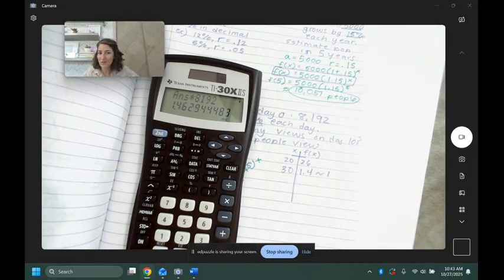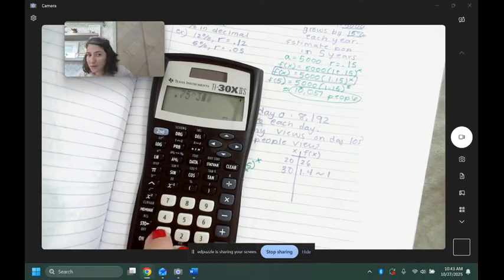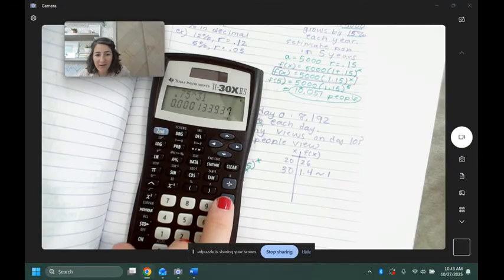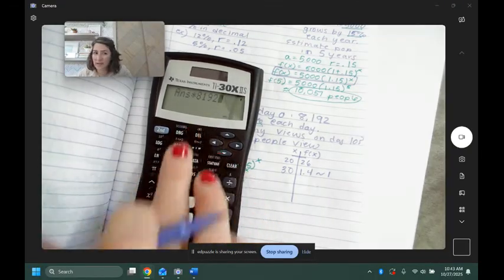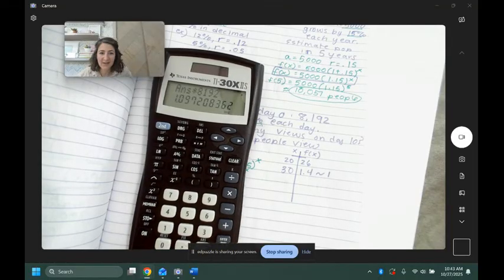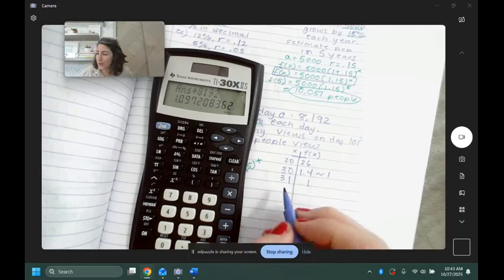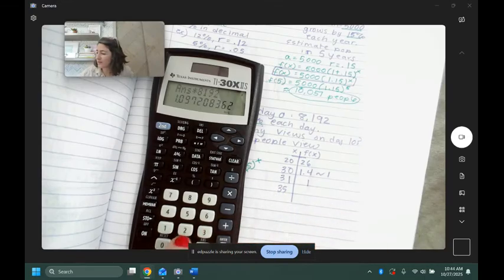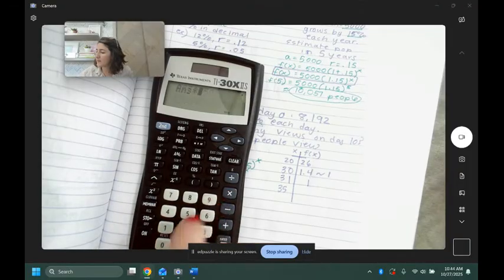So let's try 31. 0.75 raised to the 31 times 8,192. Oh, I did it again. Oh, still 1. Let's do 35. 0.75 raised to the 35. 0.3. Okay.